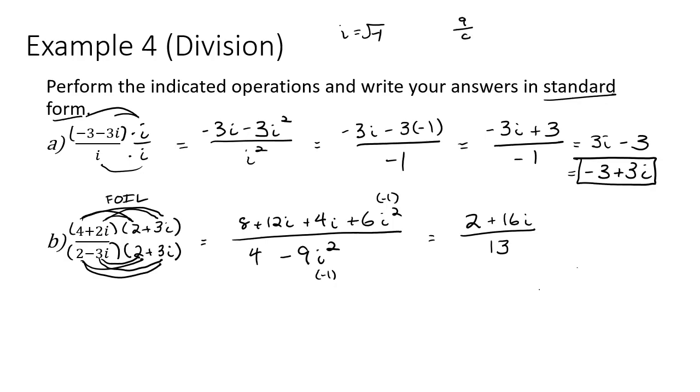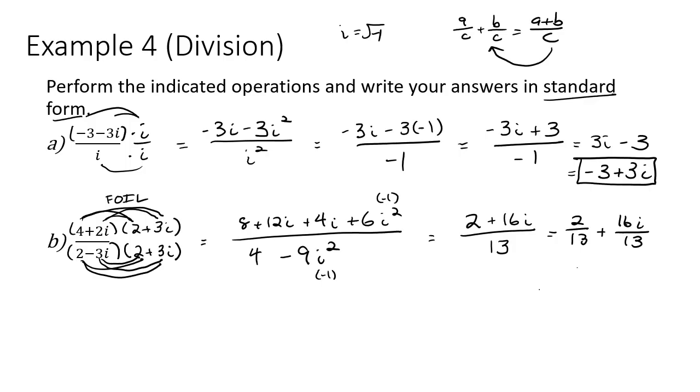If you have a common denominator, a over c plus b over c, you can just add the numerators together to get a plus b over c. You can also reverse the process. If you have addition or subtraction in the numerator of a fraction, you can break it up. So we can write this as 2 over 13 plus 16i over 13.